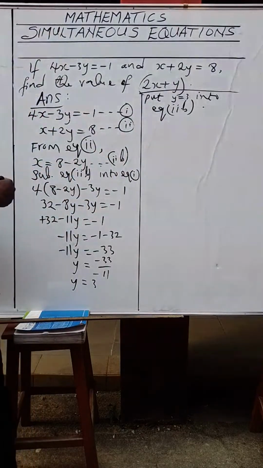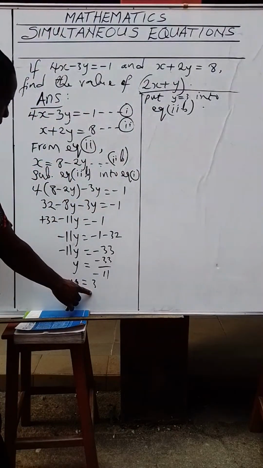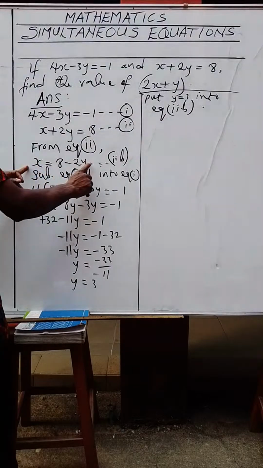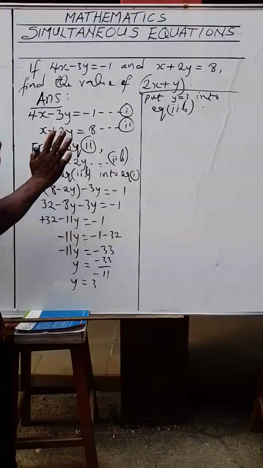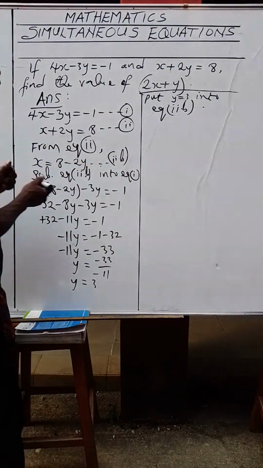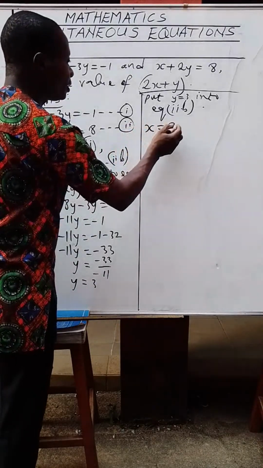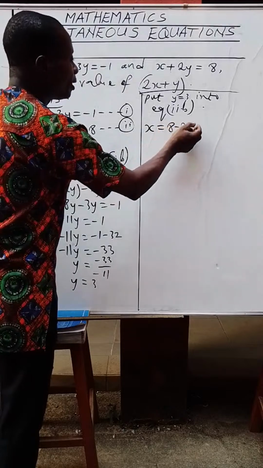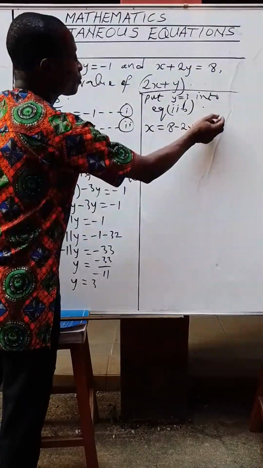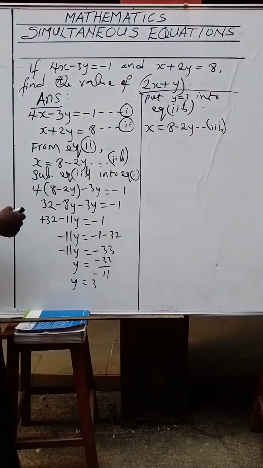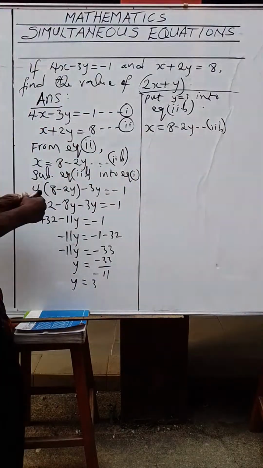This is y equals 3. We bring it here and put it here into equation 2b. So it means that our x is equal to 8 minus 2y. This is equation 2b. So we substitute for y to get x.